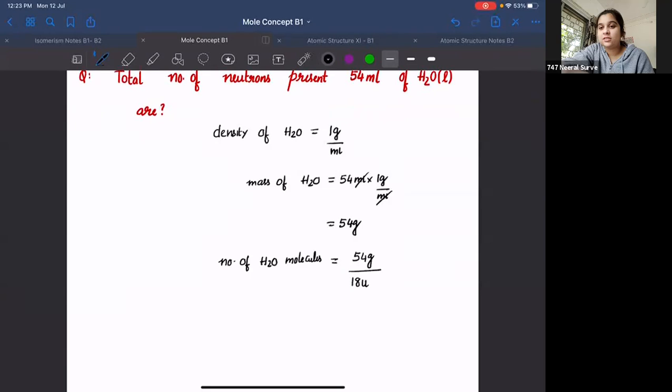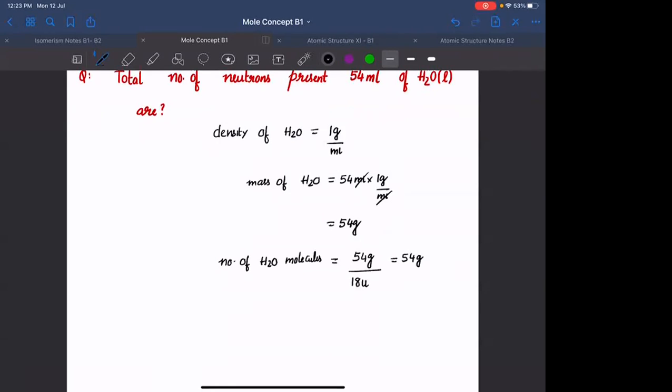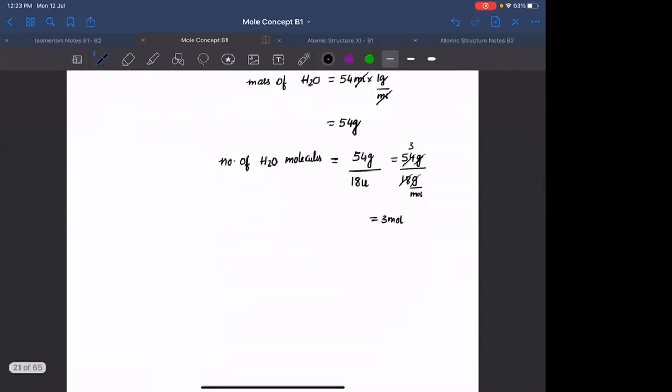It is 18 AMU, but you cannot solve that by substituting it in terms of AMU. 18 gram per mole. So, which is equal to 3 mole. Any doubt? You have 3 mole of water molecules, but they're asking about number of neutrons.